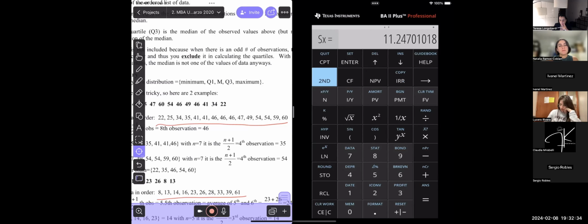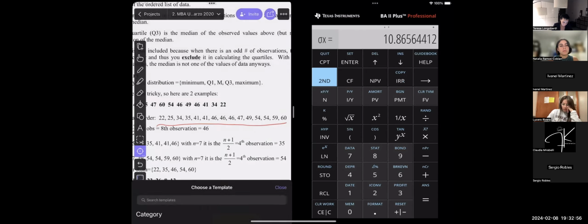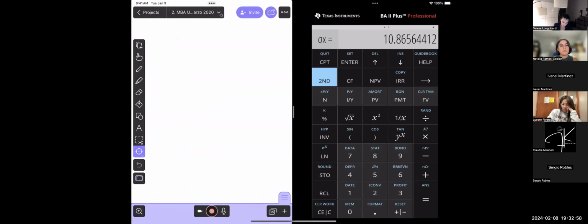That's S. What is this one? Okay, so last class, let me put this. So last class we talked about X bar and S.